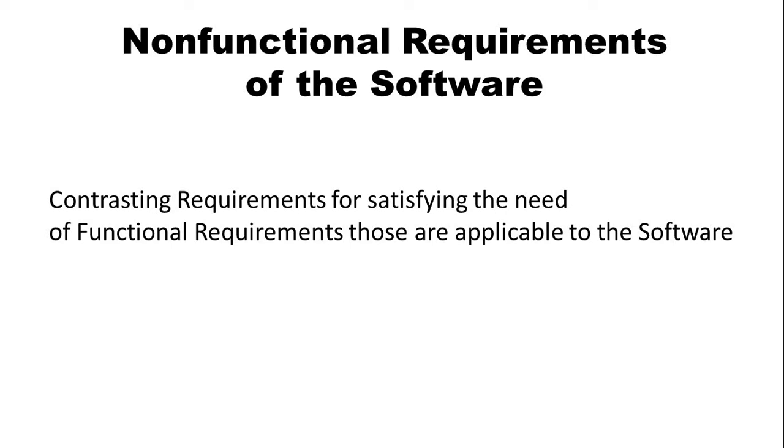The software should perform and satisfy these needs. Those are the functional requirements, right? Non-functional requirements are just the contrasting part which will add benefit to the functional requirements, right? For both, I have prepared a separate video and given the link in the description below. Please find it if you have not seen that.